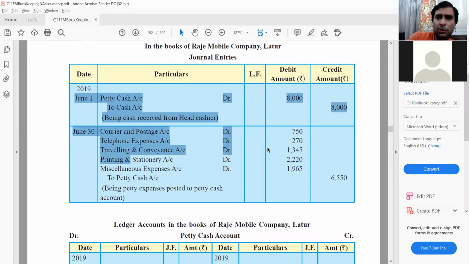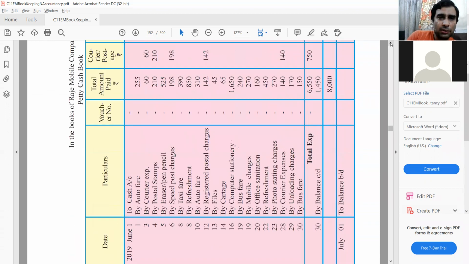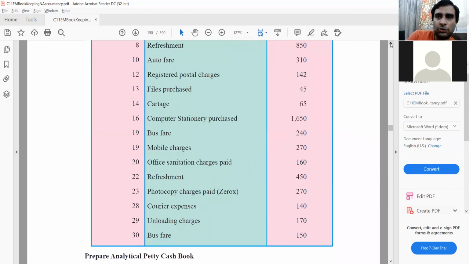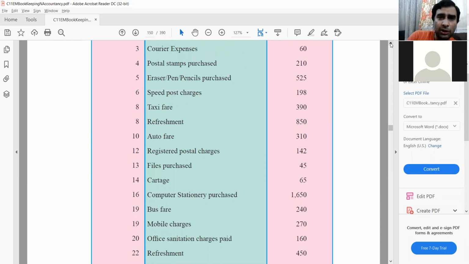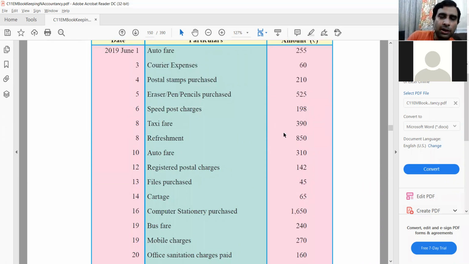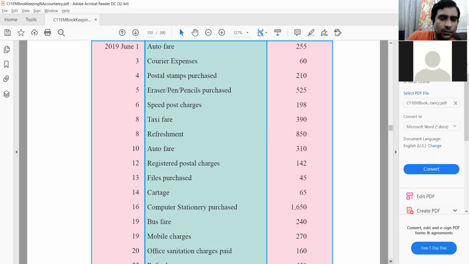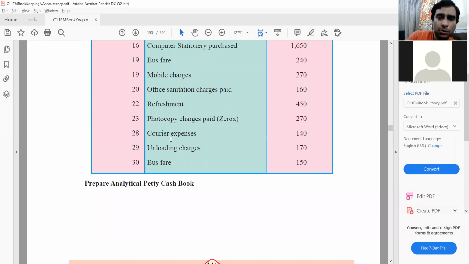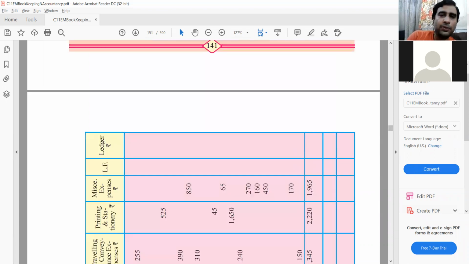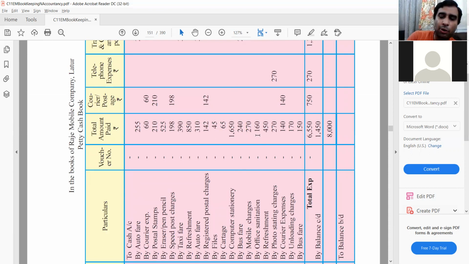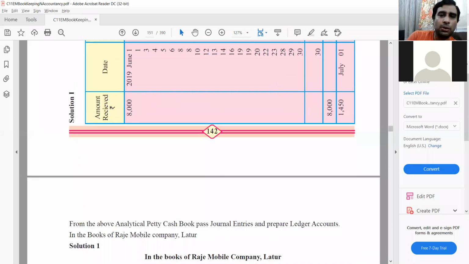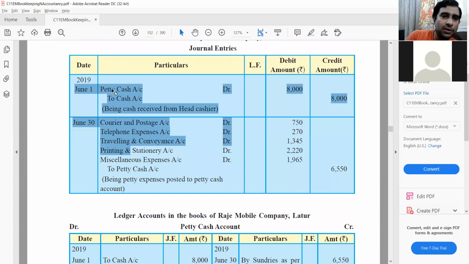If you were doing the standard journal entry format, you would have needed to pass one journal entry for each of these. 1, 2, 3, 4, 5, 6, 7, 8, 9, 10, 11, 12, 13, 14, 15, and this goes on. Almost around 22, 25 entries you would have needed to pass. Now, instead of passing so many entries, because you created this format of analytical column petty cash book, you will pass only two journal entries. One is the cash came in, and second is the end of the month, the expenses.